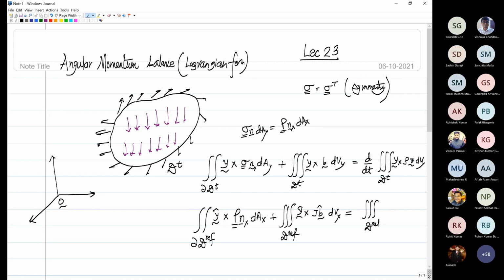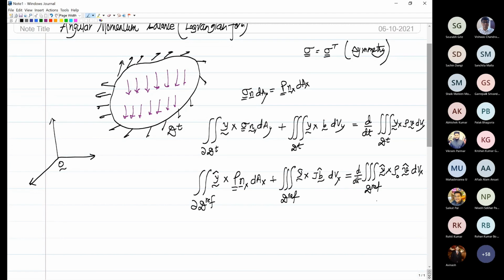And then on the right hand side, there's some step involved. We first convert it into d ref, and d/dt remains outside. Then inside we have y hat cross rho naught v hat dvx. Further, we can write it as an integral over d ref, with d/dt coming inside, and just like yesterday, you will have v cross rho naught v, which will cancel because the cross product of two same vectors is zero.